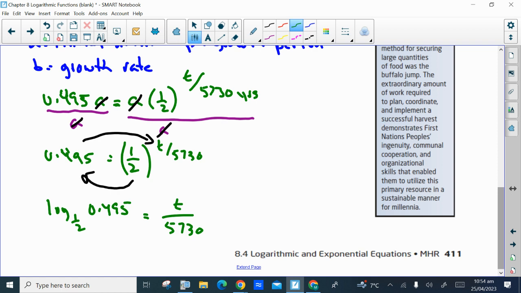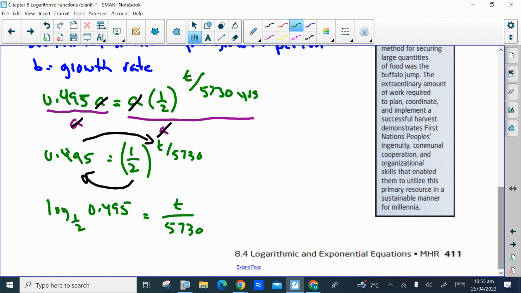Before we solve for t, we know that the answer is going to have to be a little bit higher than 5730. It takes 5730 years for half of it to decay, for the amount left to be 50% of what you started with. Our amount remaining is a little bit less than 50%. It's 49.5%.